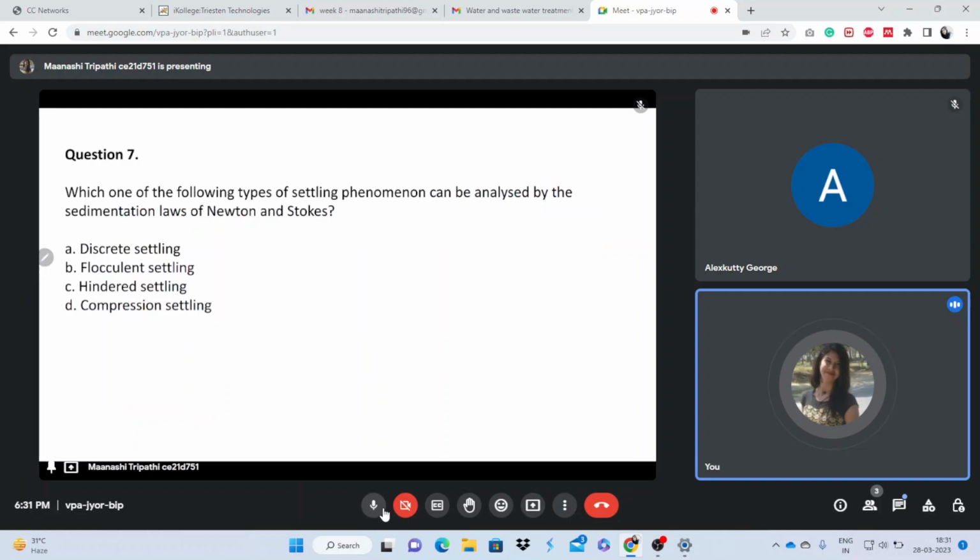Which one of the following types of settling phenomena can be analyzed by the sedimentation laws of Newton and Stokes? Both laws apply, Stokes law as well as Newton's law. Which of these phenomena can be realized with that?